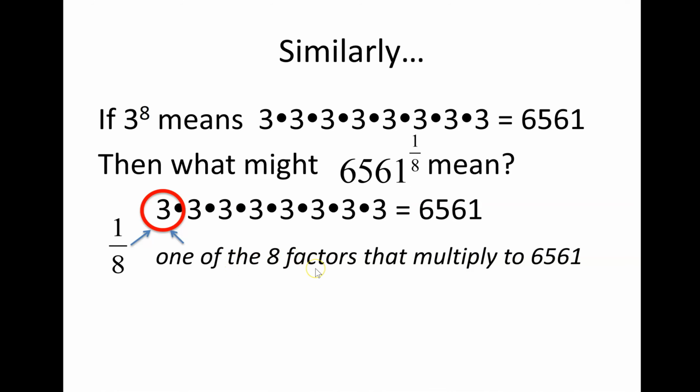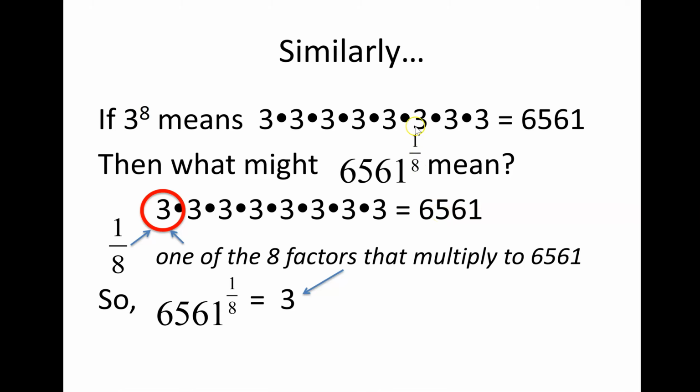So now it's not values that are adding, it's factors that are multiplying. So 6,561 to the power of 1 over 8, which is the division in the exponent area, is saying, I want to know what 1 of the 8 factors that multiply to 6,561 equals. And that would be 3, because we know that 3 times itself 8 times is 6,561.